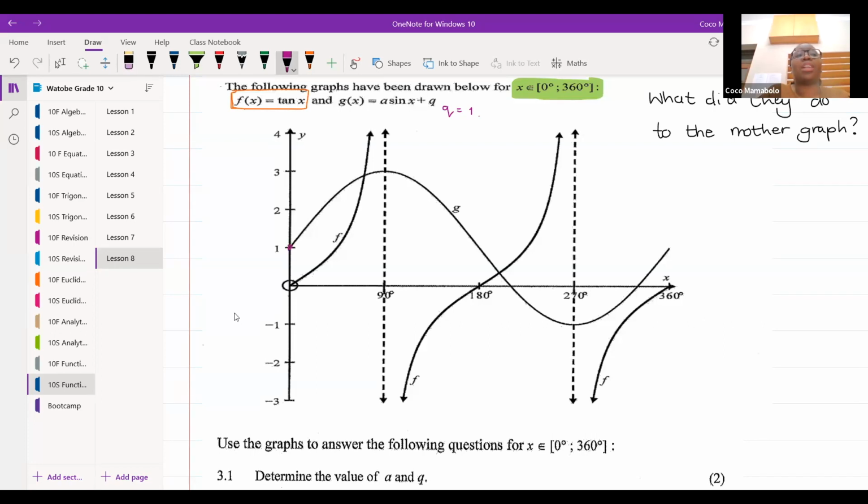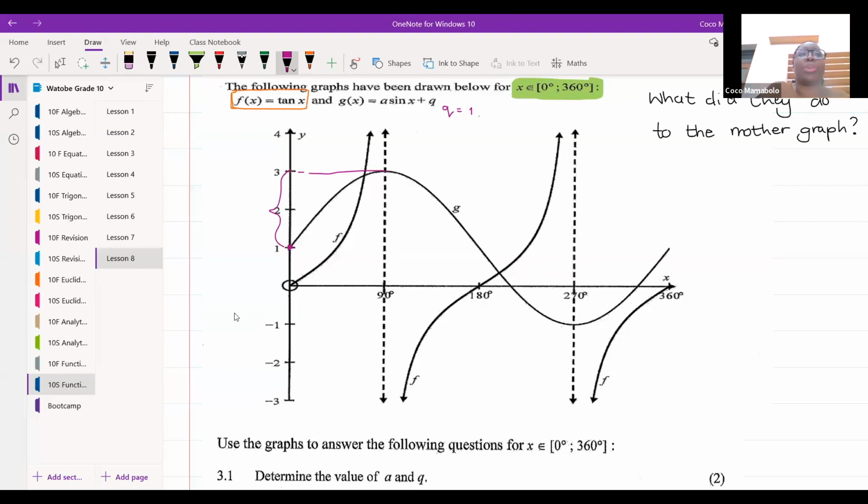Now, if my graph starts at 1, then my amplitude should have jumped to 2. But where is my amplitude going up to? It's going up to 3. Good. So what is my new amplitude here? It's not 3, guys. How far up has it moved?